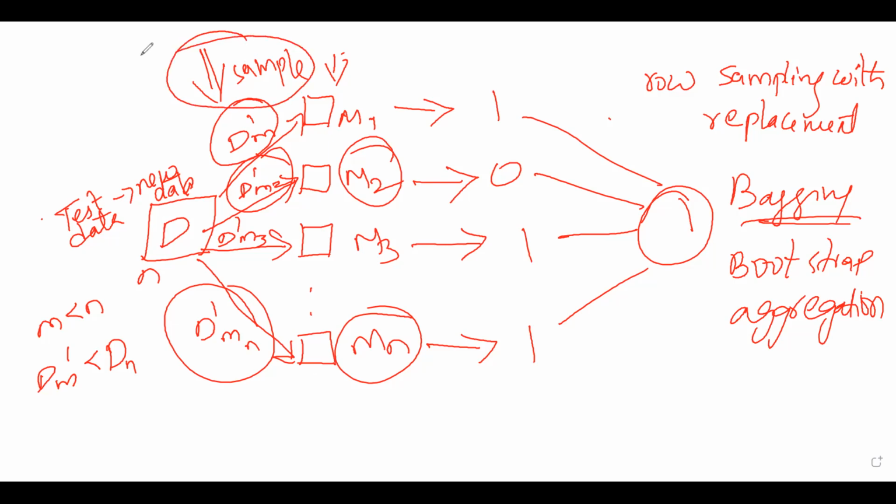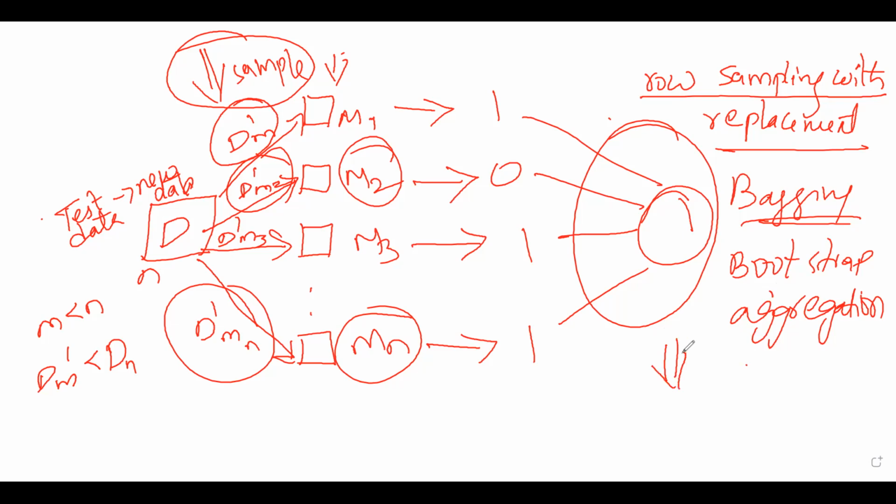The sampling is done using the row sampling with replacement method. This is called bootstrap. Finally, by using a voting classifier, we combine the output. This is called aggregation. As sampling is done using the bootstrap method, and the final output is obtained using the aggregation method, we call bagging bootstrap aggregation.